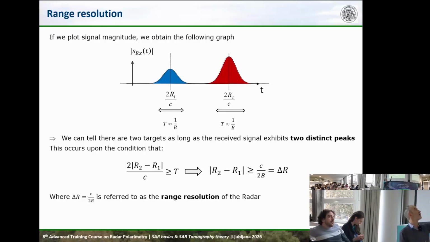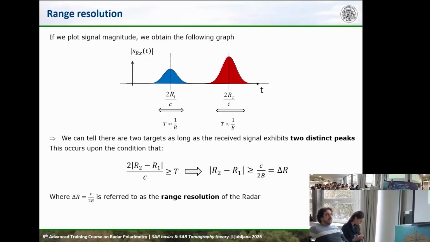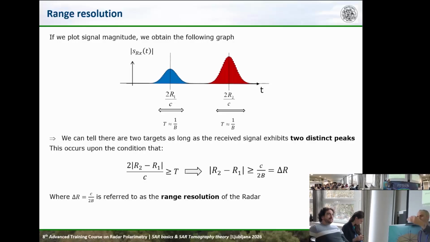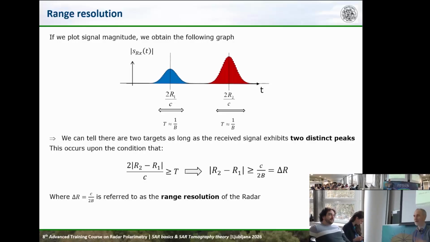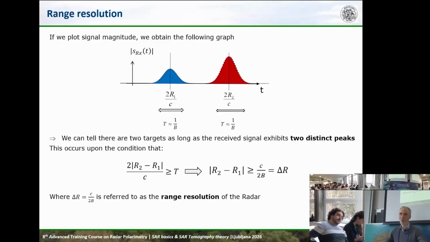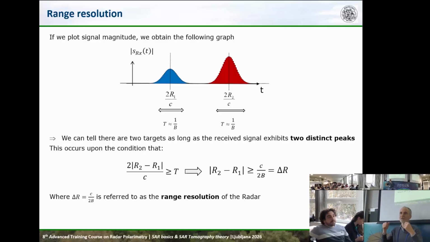So if this is what I receive, I know that at distance r1 there is something, and at distance r2 there is something larger, or at least something that can trigger a stronger wave.